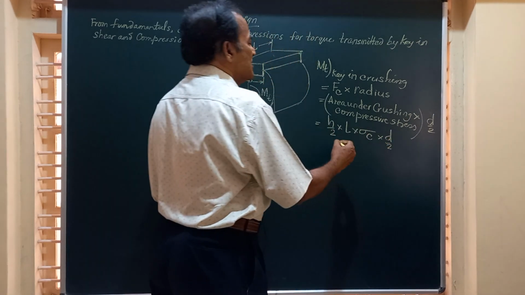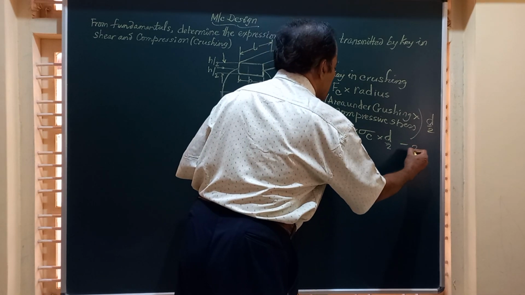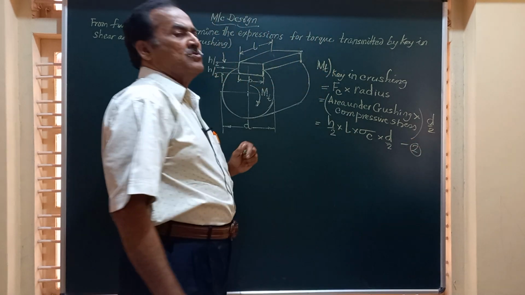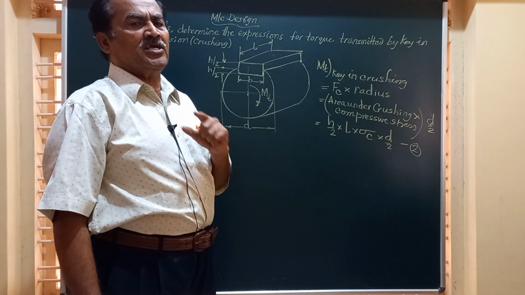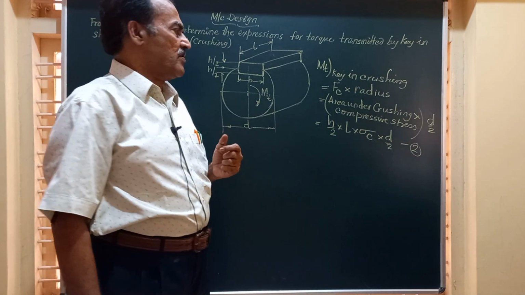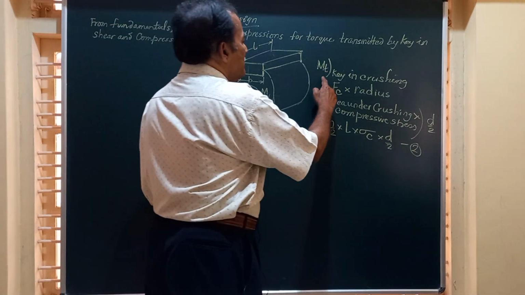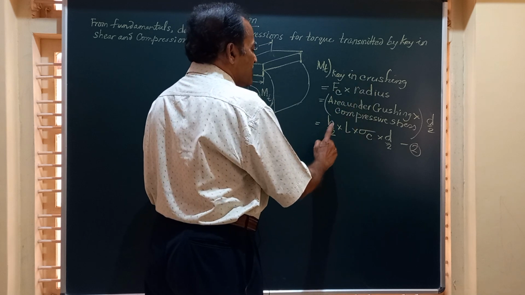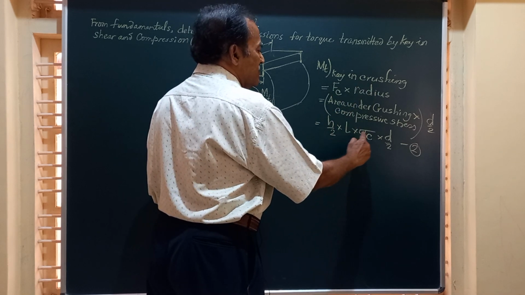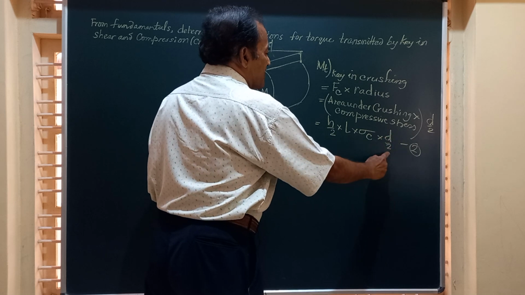So friends, this is another important equation which we use while designing a key used in any type of coupling. So you can say Mt of key in crushing is H by 2 into L into sigma c into D by 2.